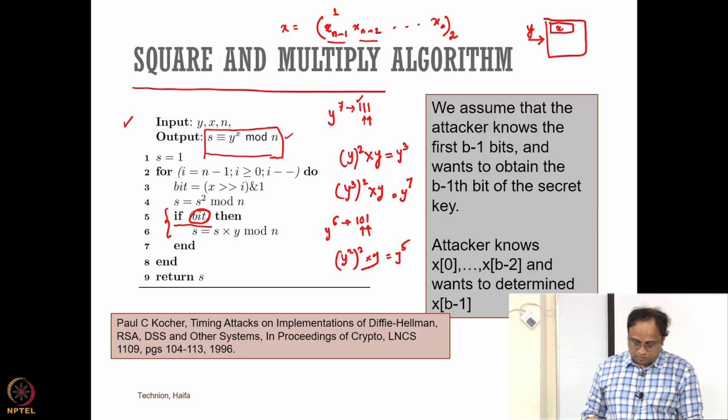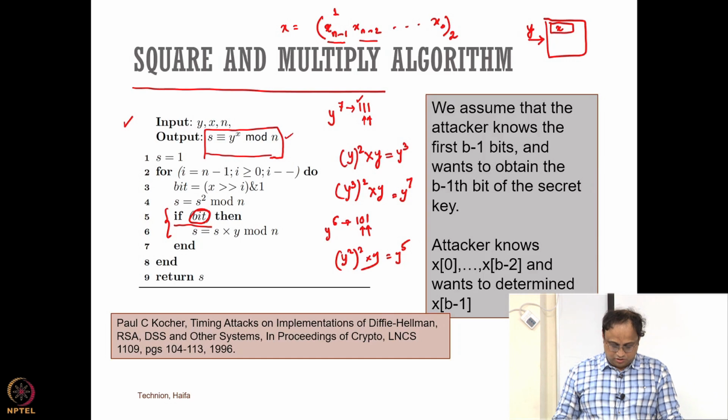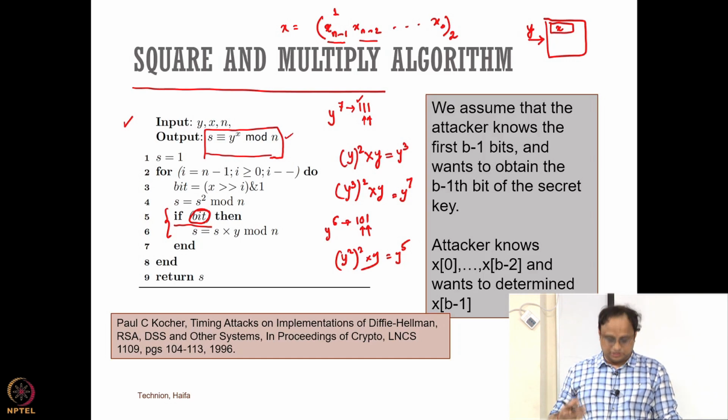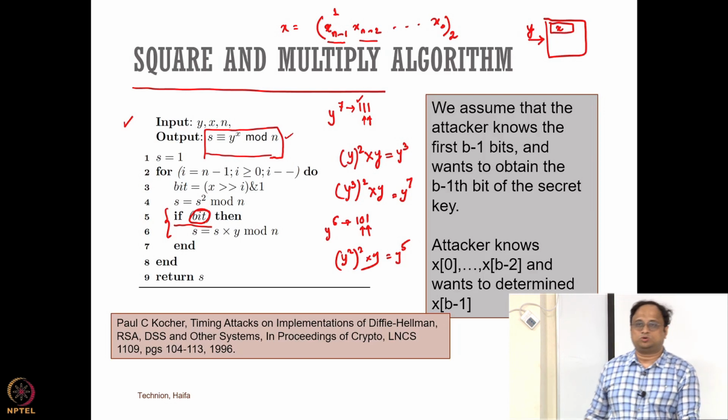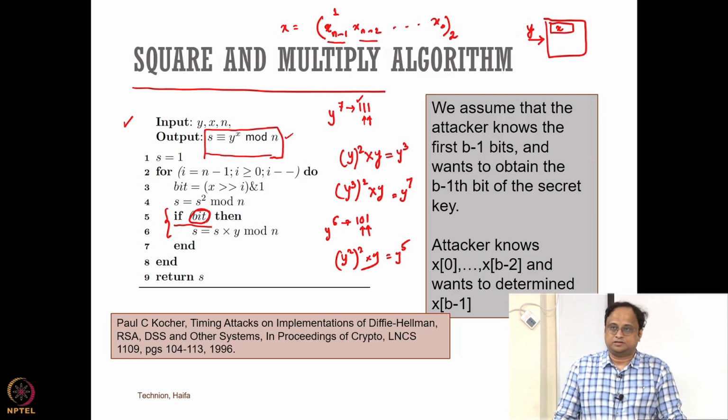So let's see how, in this classic paper from Paul Kocher in Crypto '96, they show how to exploit such kind of code, okay.